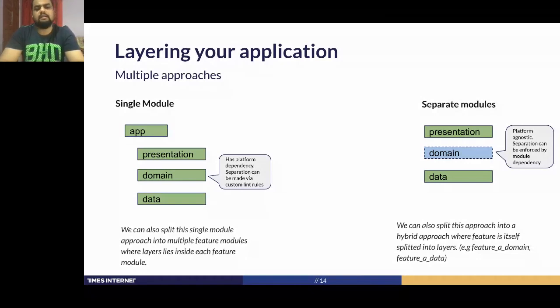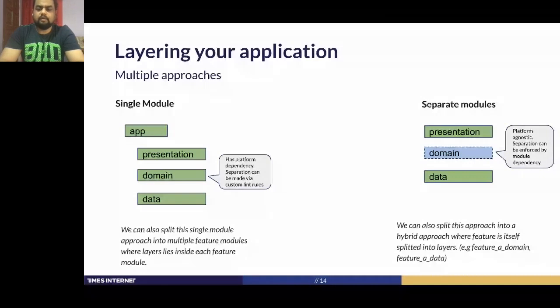So a hybrid approach to the single app module is dividing the application into different features. Let's suppose app is a feature, and inside the feature, we have all these layers. This can be a kind of hybrid layering of your application.